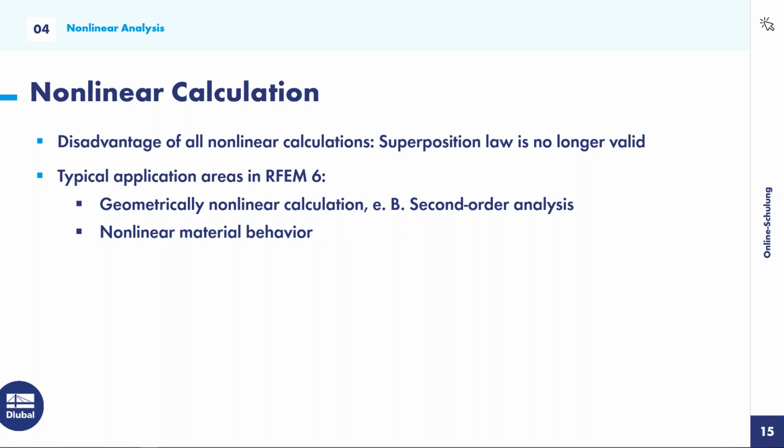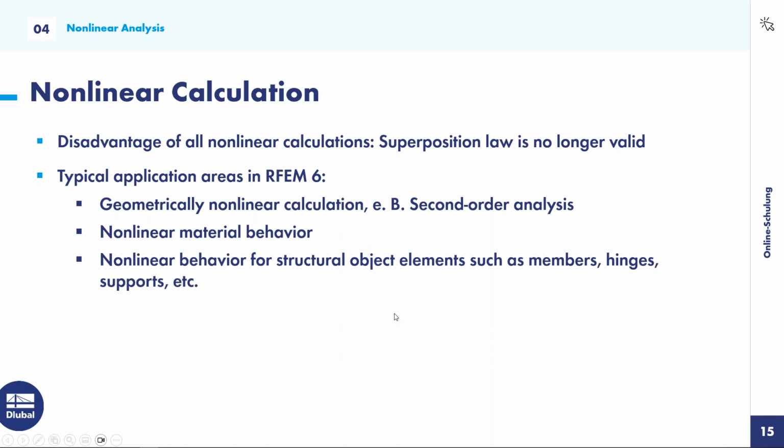So when we leave the linear elastic part of any material and get to the plastification, then we need a nonlinear material law, nonlinear material behavior. Also, you can have nonlinear structural elements like members which fail under compression, or any hinges which might fail, or supports which only support in one direction, not the other.